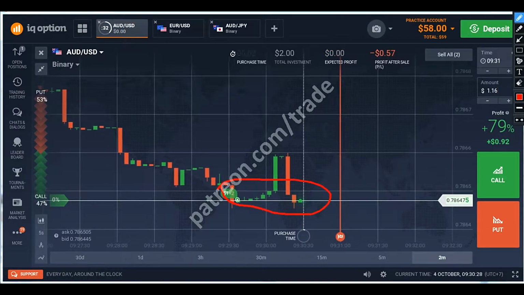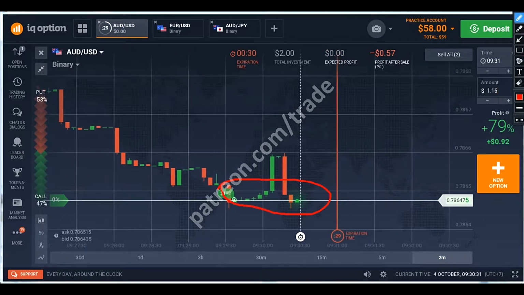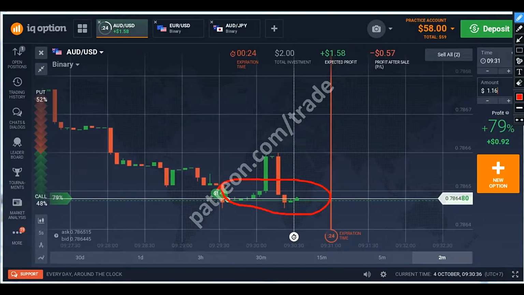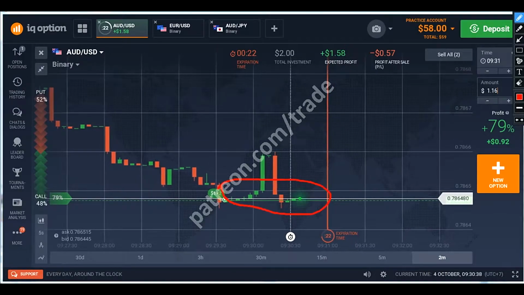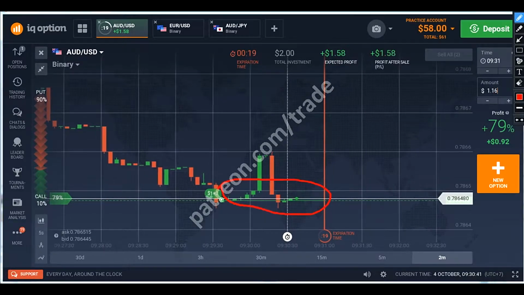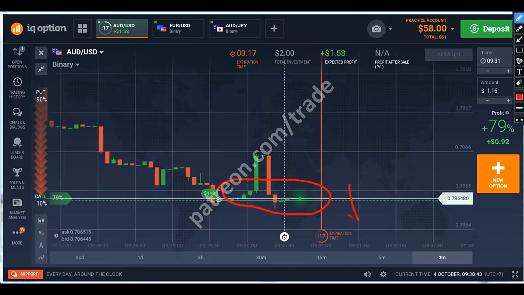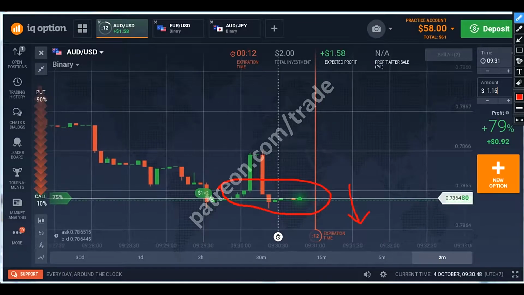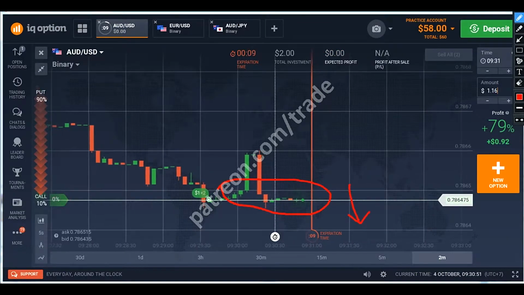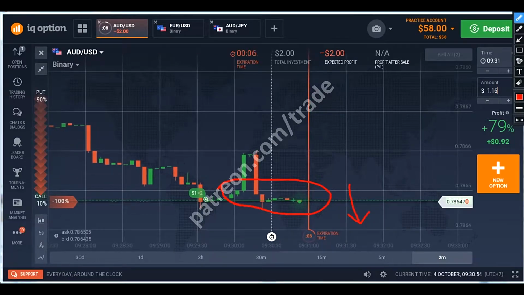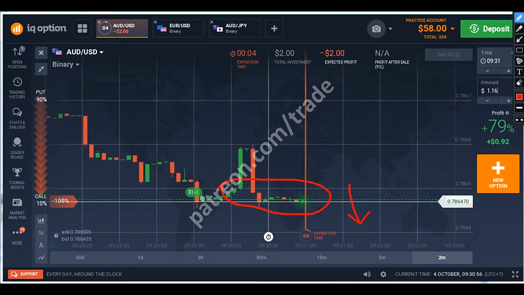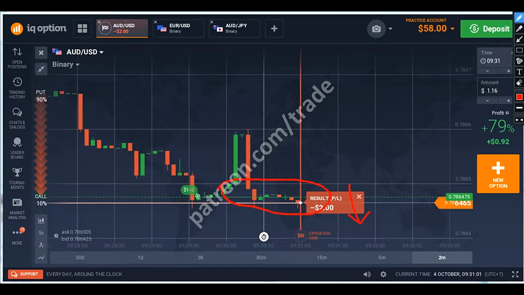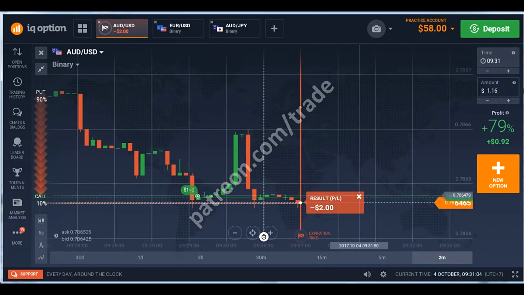Let's see if they can break this red line. Oh, still very weak movement, so I guess they're still going to go down here. Yep, they lose this one.